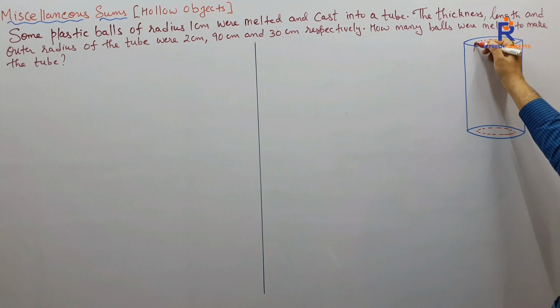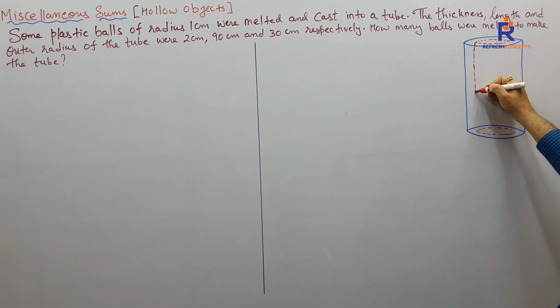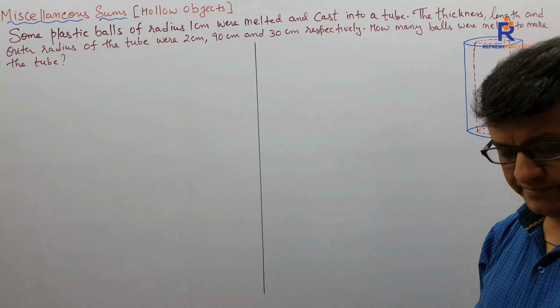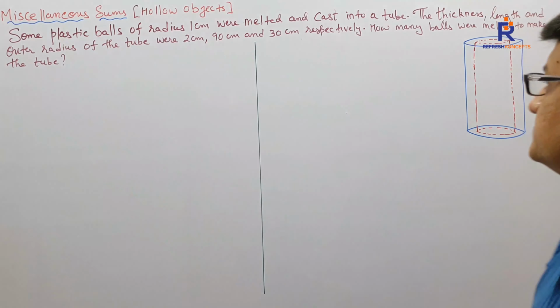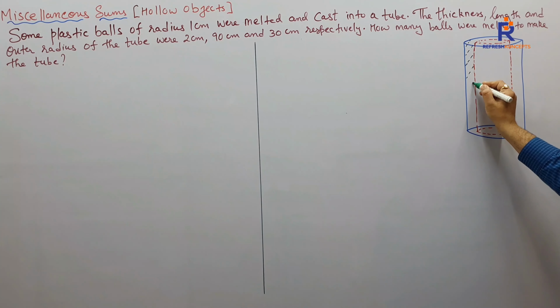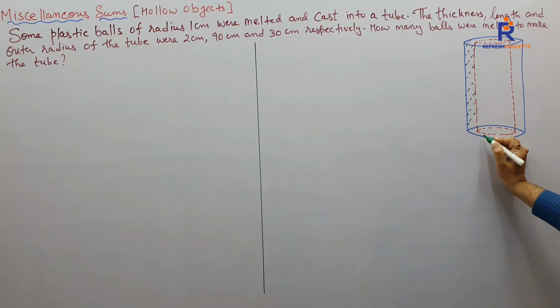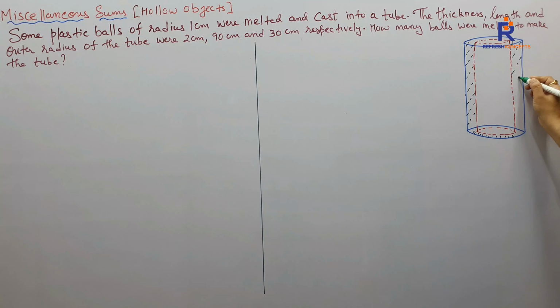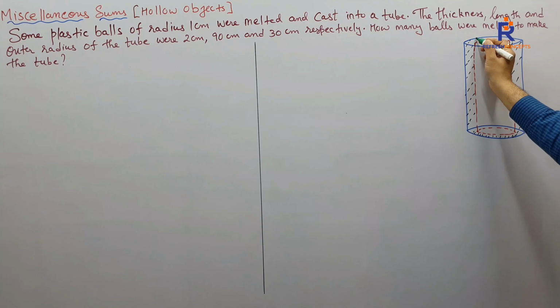This is nothing but a hollow tube. So where do you think the plastic material is? It is over here, this juncture. Even you can say this portion, here also.